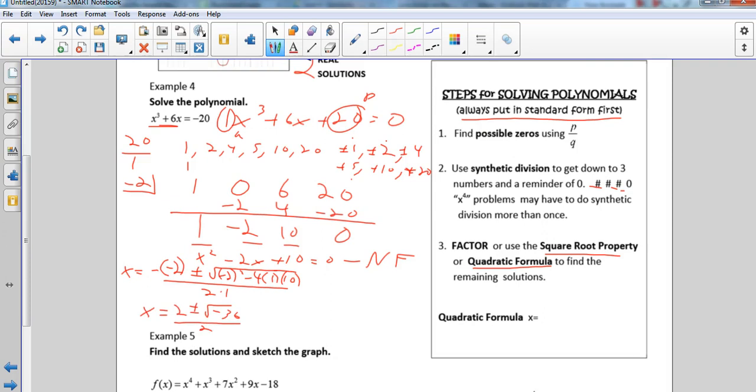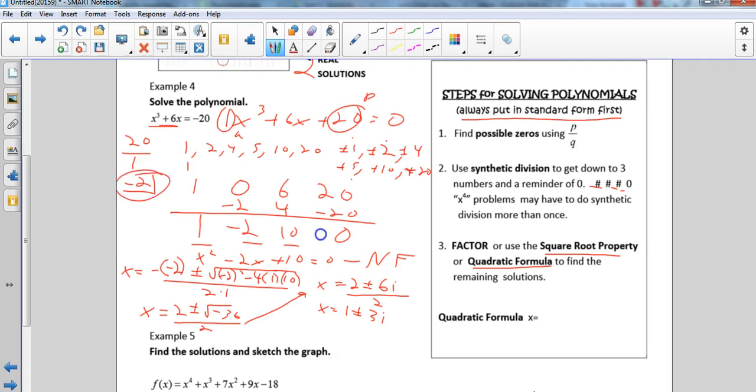Well, square root of 36 is 6, and square root of negative 1 is i, all over 2. I can simplify. I get x equals 1 plus or minus 3i. And those are two of my possible solutions.